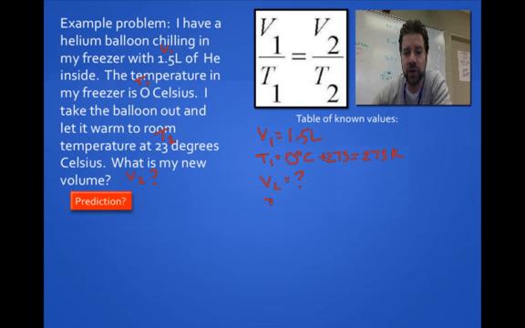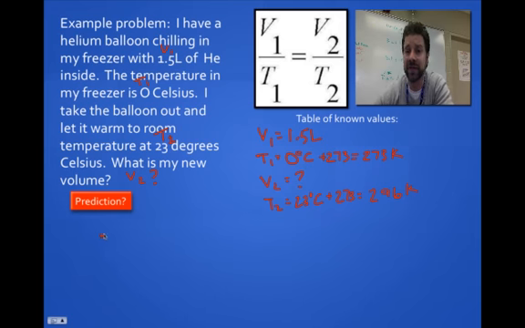And our T2 was 23 degrees Celsius, which again, we add 273 to, to get our temperature in Kelvin, and that gives us 296 K. Now, we have 3 out of the 4 variables, which allows us to solve for the fourth. We mentioned that during Boyle's Law. If you have any 3, you can always find the fourth one using a little bit of algebra.